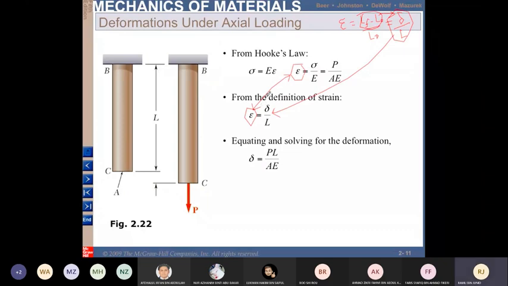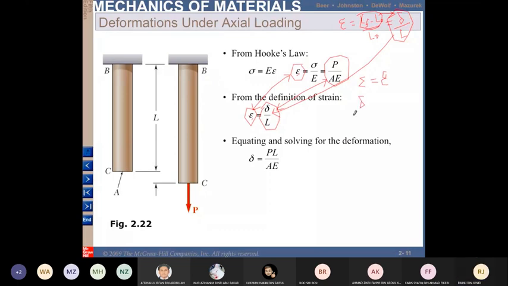When these are the same thing, this means this one and this one are also the same thing. So strain is equal to strain. Which one? This one and this one.